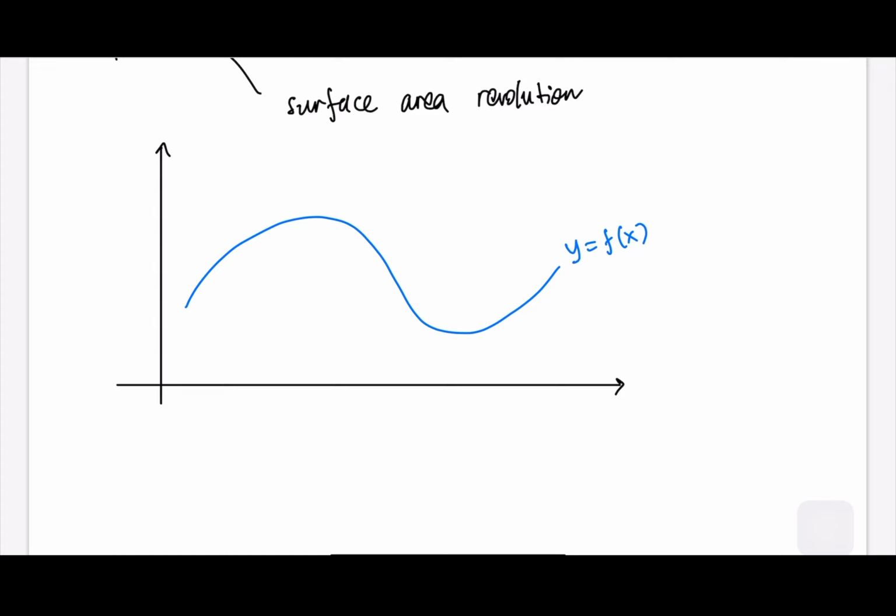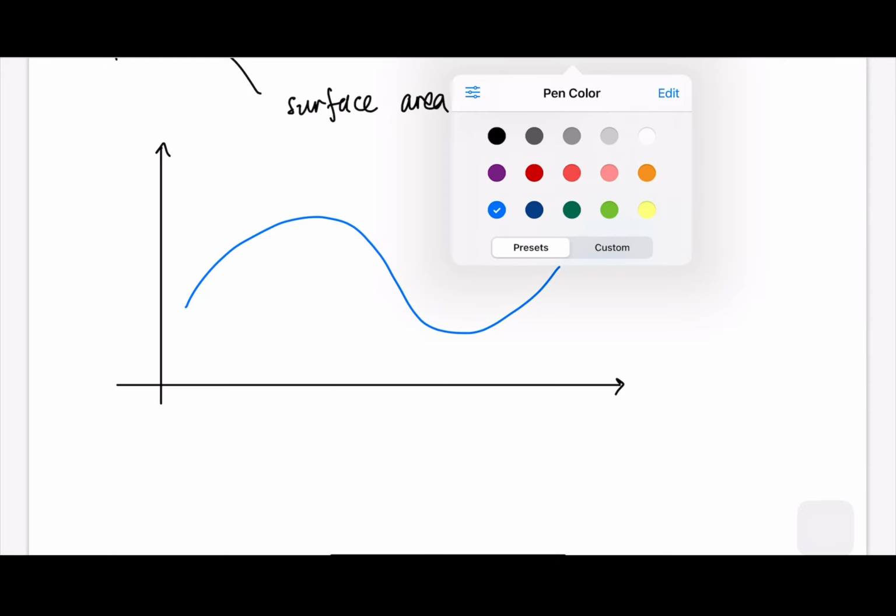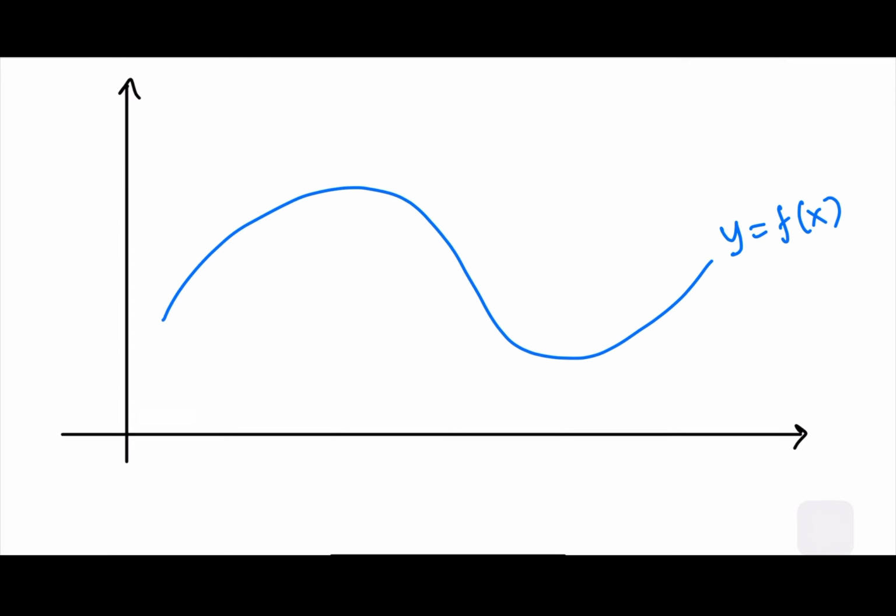Now if we decide to take this curve and divide it into some points, let's say we get P0, P1, P2, and P3, and then another one, until the very end, Pn.